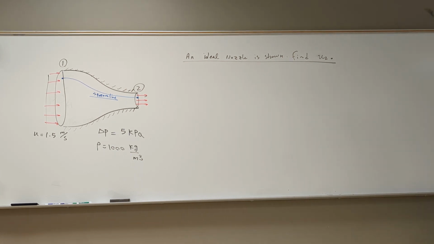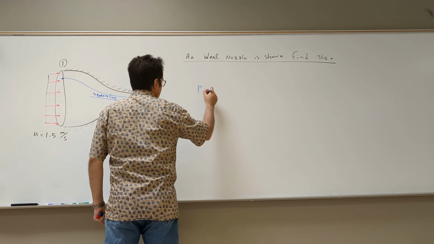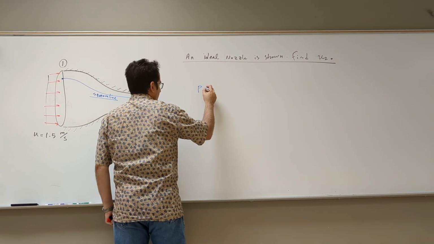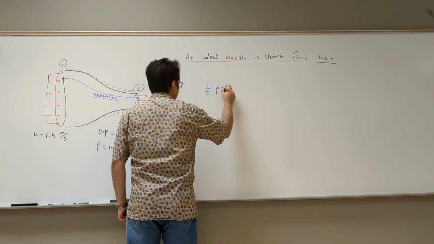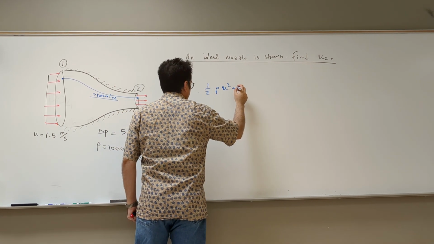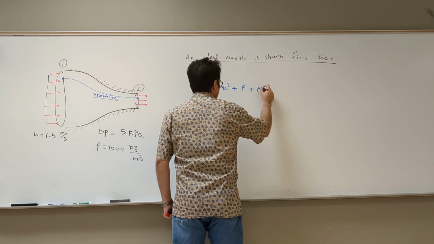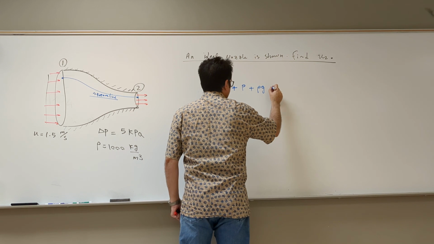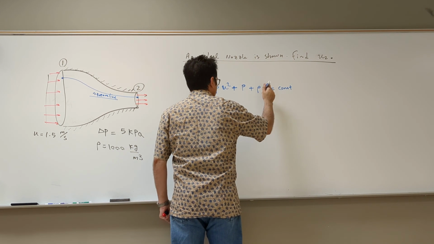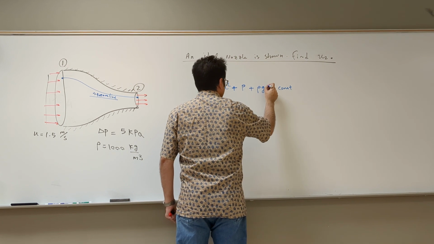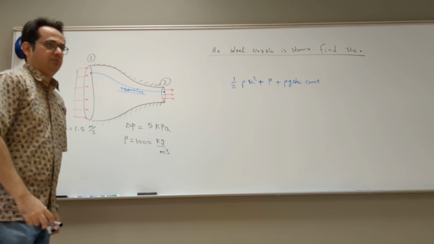So if I do that, I get what? 1/2 rho u squared plus p plus rho g z is constant.